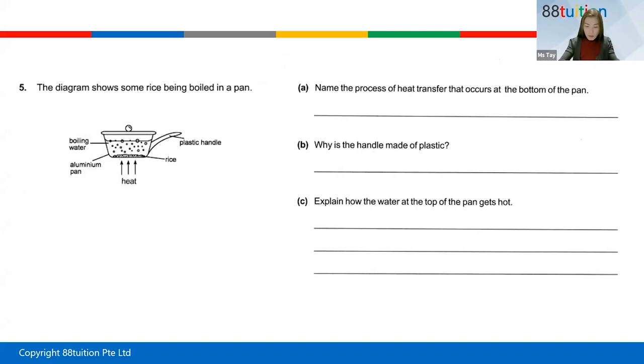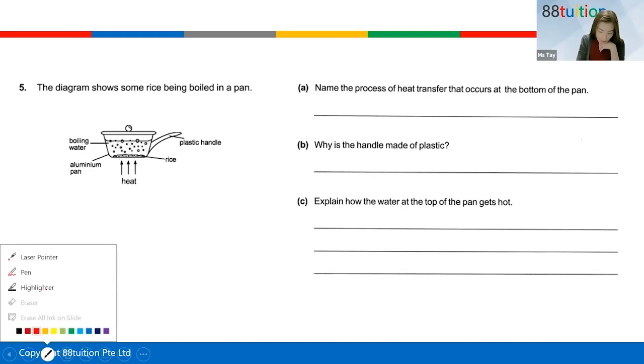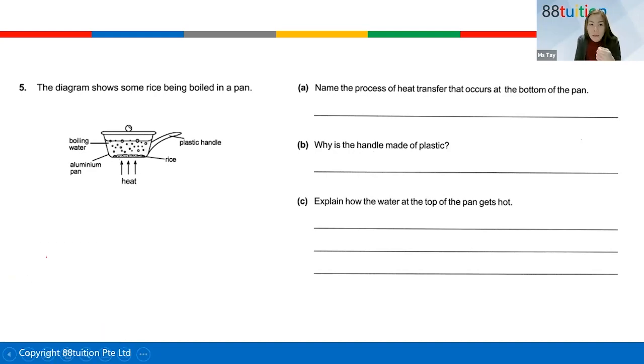Okay, so name the process of heat transfer that occurs at the bottom of the pan. You know what process is that? Conduction. Conduction, because it's direct heating, right? It's just like taking a metal rod and putting it into the fire. So heat is actually transferred by conduction.